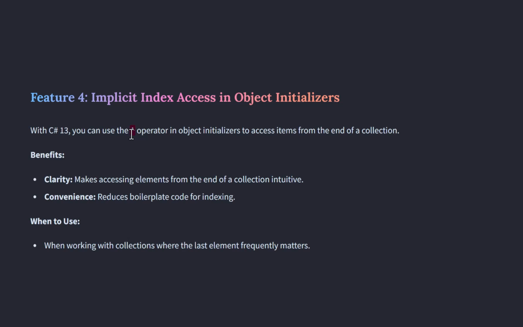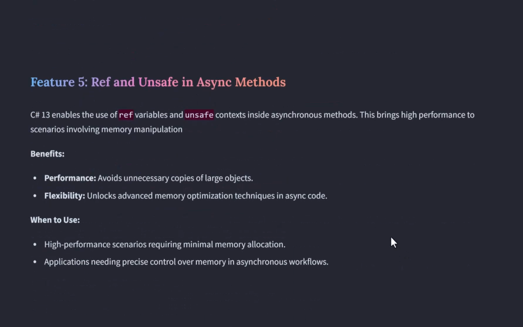When to use? When initializing arrays or collections with reverse indexing in scenarios where readability and simplicity are critical. Then let's move to feature number 5, ref and unsafe in async methods.